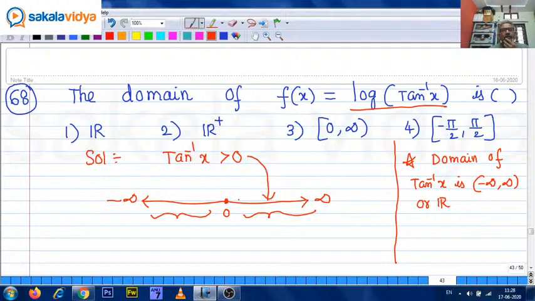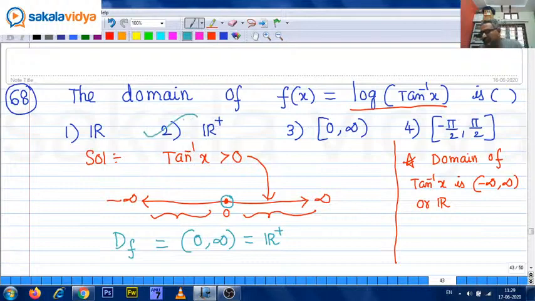Here 0 is not included, so open it like this. Therefore, the domain of the function is open 0 comma infinity. This is the non-zero real numbers, which you can write as positive real numbers, R plus. So the second option is the right option.